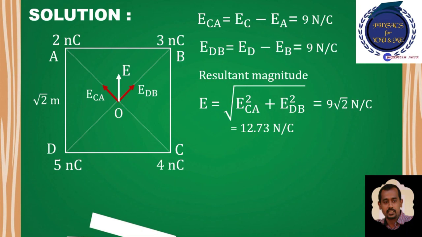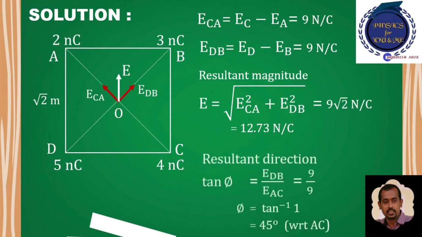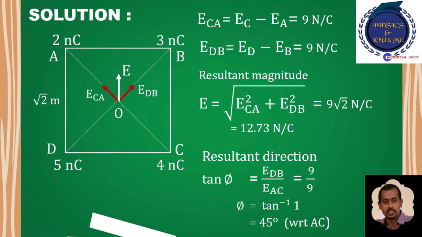Again, we need to find out the resultant direction. And it is given by tan phi is equal to EDB divided by EAC. The reference is the EAC, so that is the diagonal AC. So therefore, it will be 9 divided by 9, or tan phi will be equal to 1, or tan inverse 1 will be equal to 45 degrees.